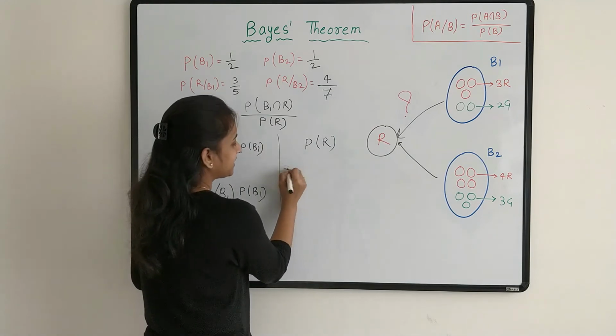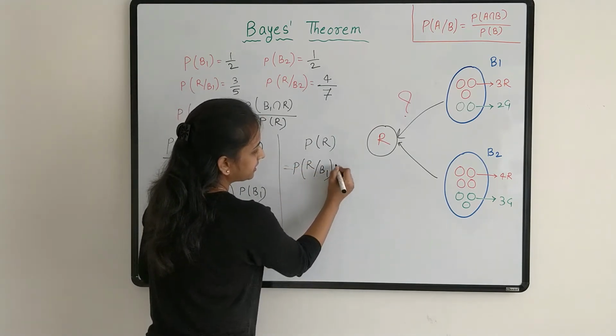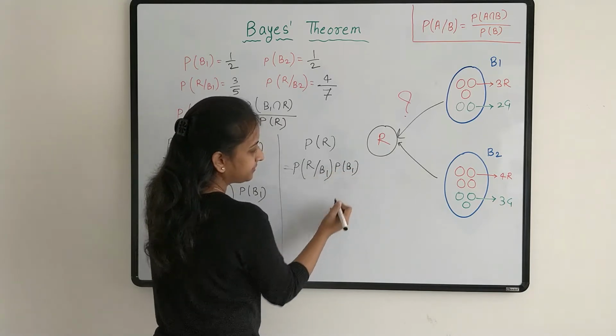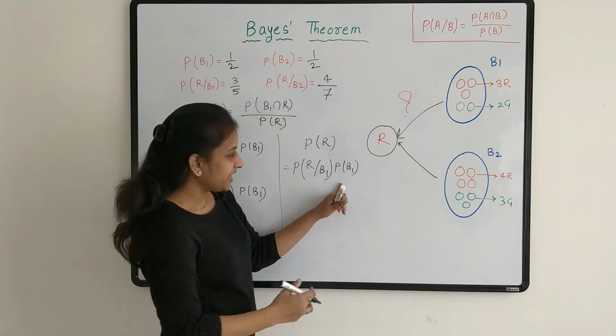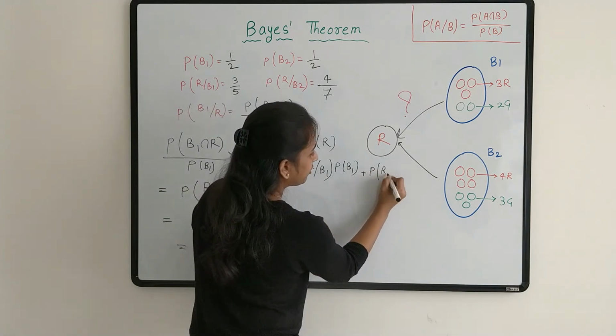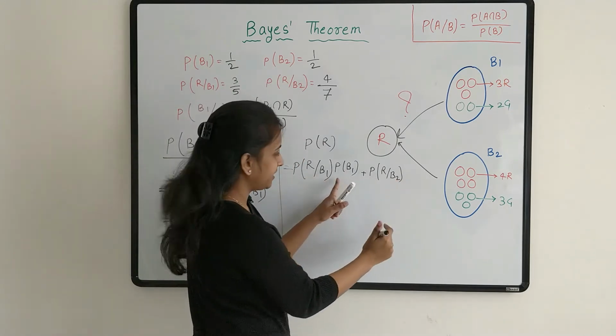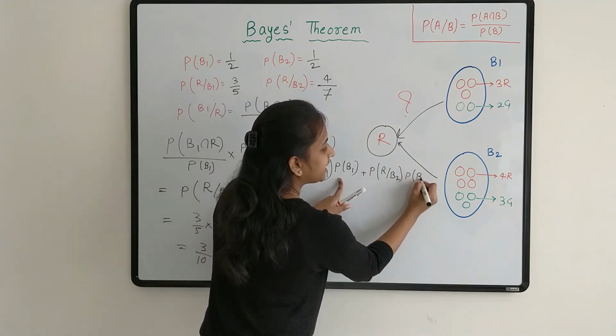So for this I am writing the probability of a red ball from bag 1 into the probability of selecting bag 1. Now the same for bag 2: the probability of a red ball from bag 2, instead of 1 we are writing 2, into the probability of selecting bag 2.